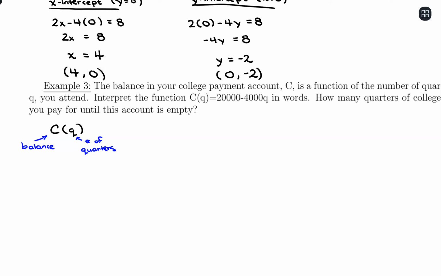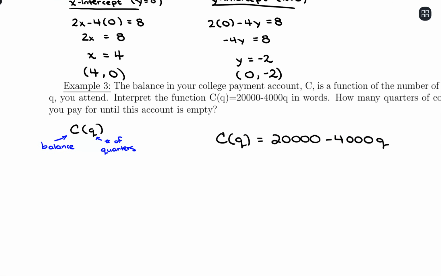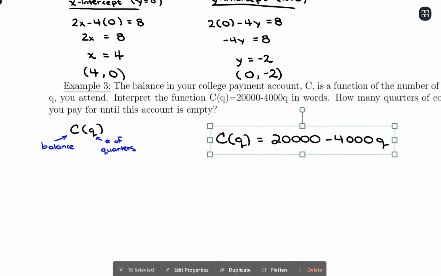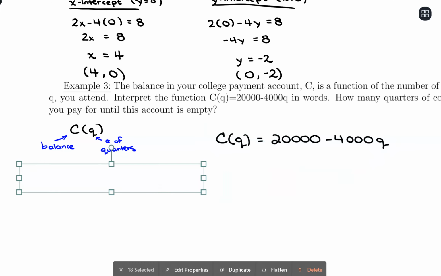Interpret the function C of Q equals 20,000 minus 4,000Q in words. And actually, I didn't leave myself enough space because we have a second part to this question. So let me just move that over here. Okay.